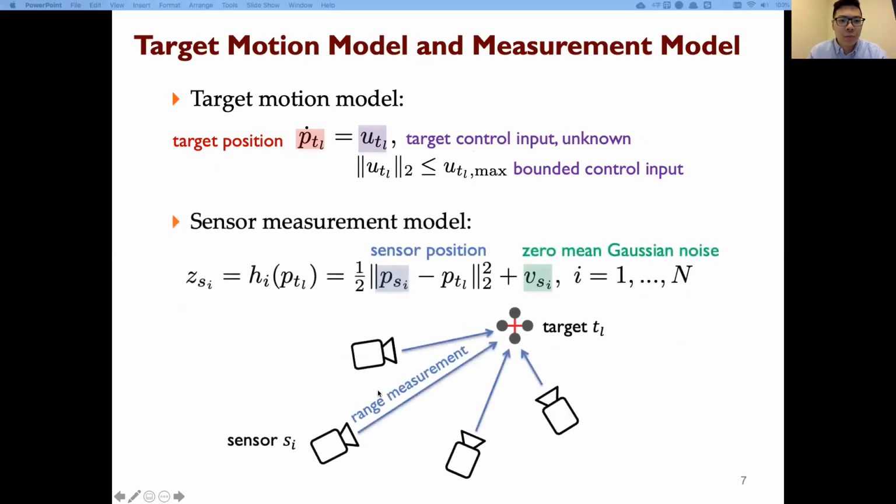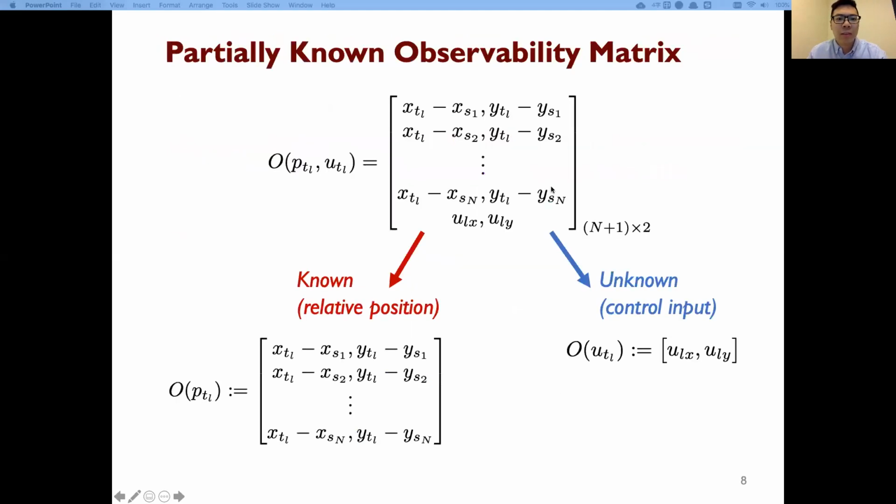Each sensor measures the distance or the range to the target with some Gaussian noise, which means the sensors are noisy range sensors. And each sensor uses the extended Kalman filter to estimate the position of the target. So for the system of n sensors and one target, the observability matrix can be computed as the relative position between each sensor and the target.